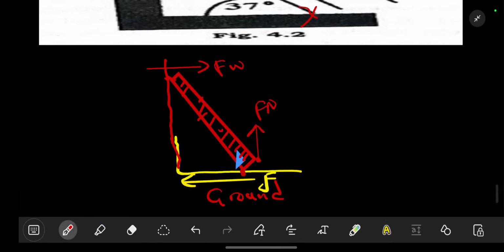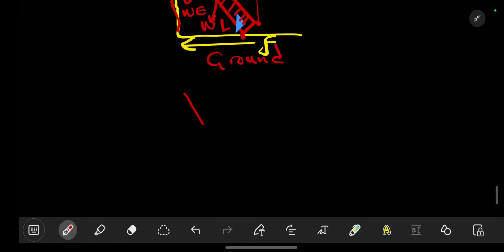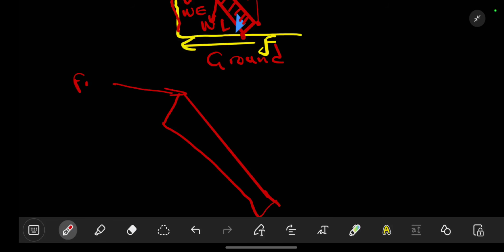Now remember, the weight of the ladder is concentrated at its center, so we can write the weight of the ladder. Then the electrician is also acting downwards, so we have the weight of the electrician like that. So let me just now write it properly. What we have is the force on the wall.